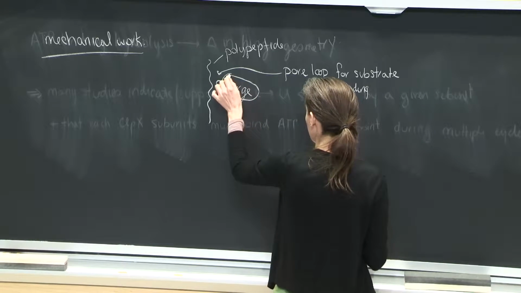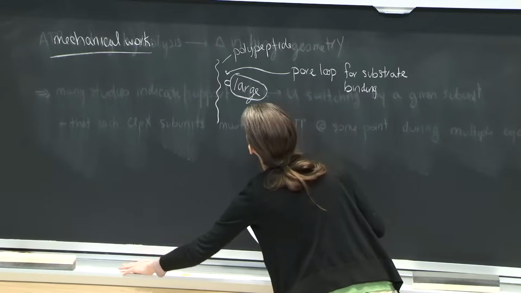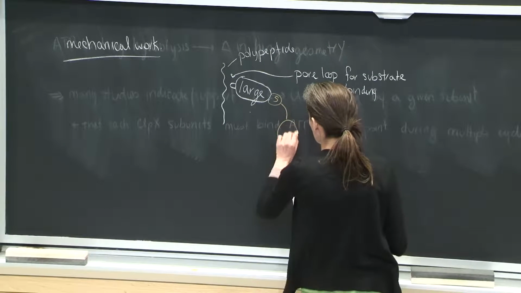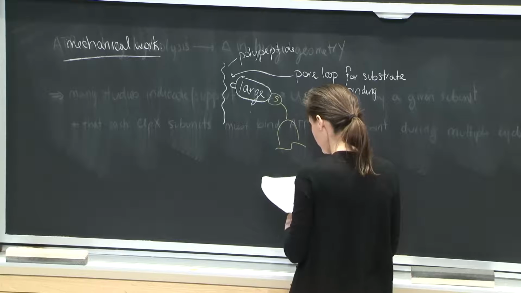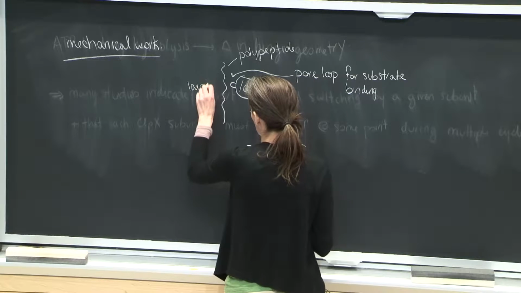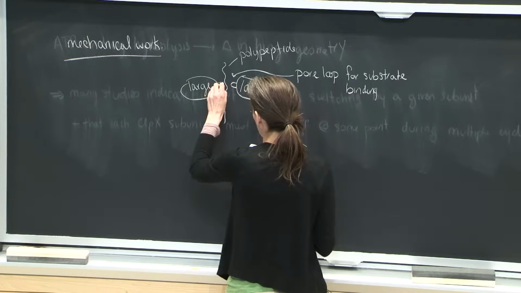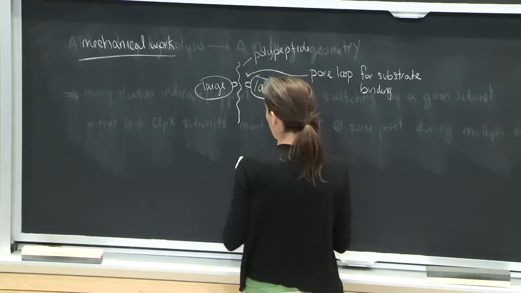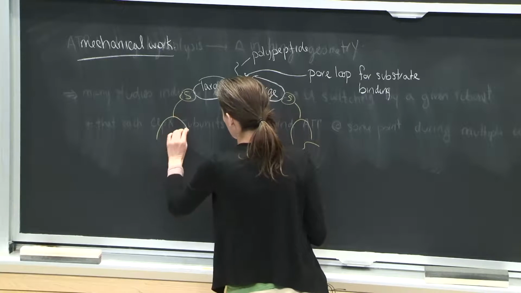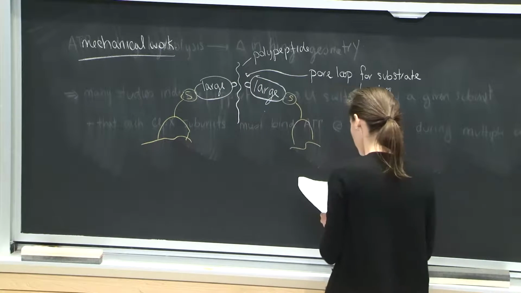So here we have one large domain, and then the small domain of the adjacent subunit. And just imagine here we have another large domain with its pore loop, and then the adjacent subunit here, okay?